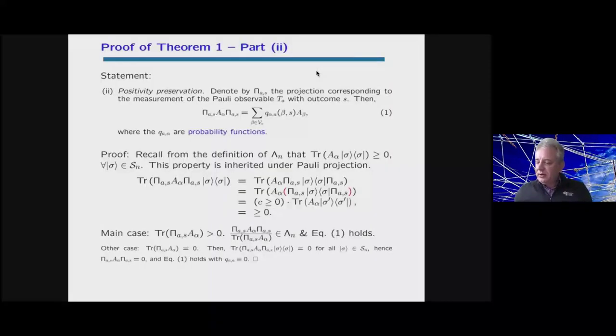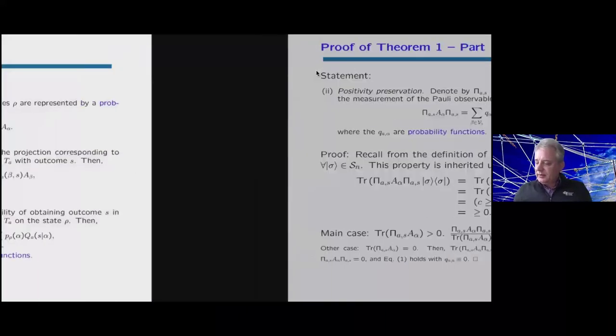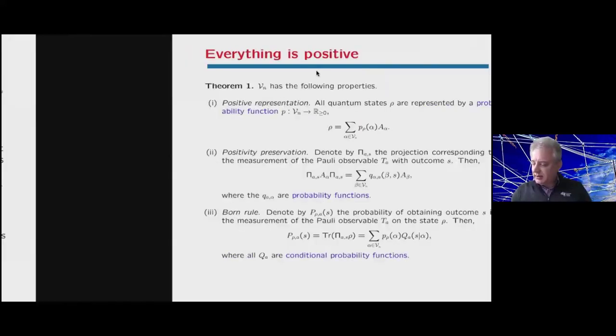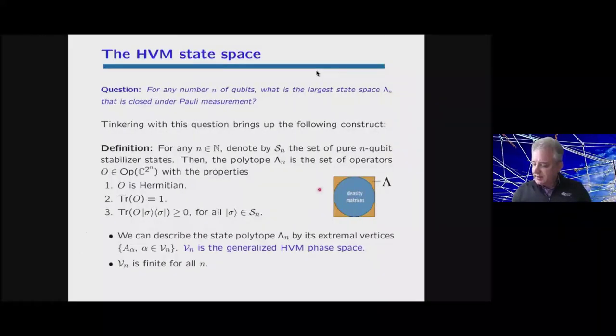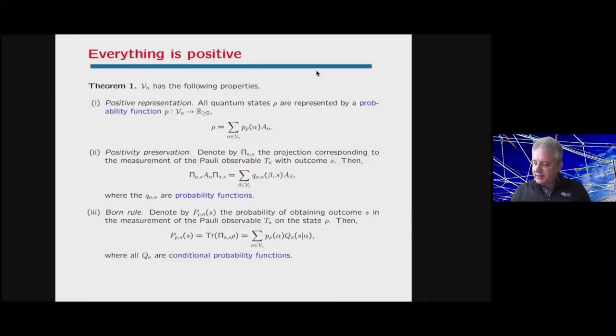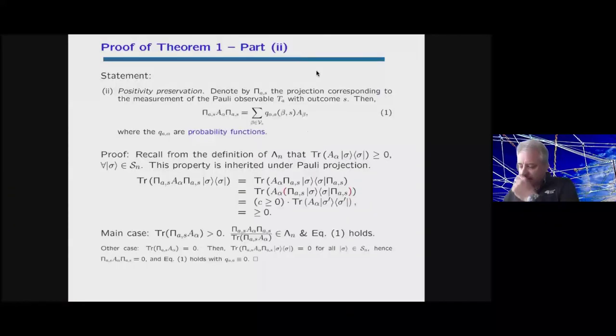Okay, so maybe I should say a little bit about the proof of this. So this part I already talked about. This positivity of states is this diagram. Maybe I talk a tiny little bit about this. Okay, so what we want to show is the following.